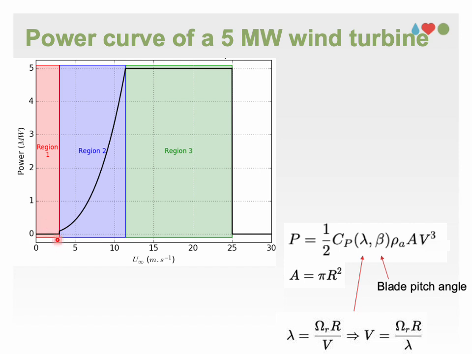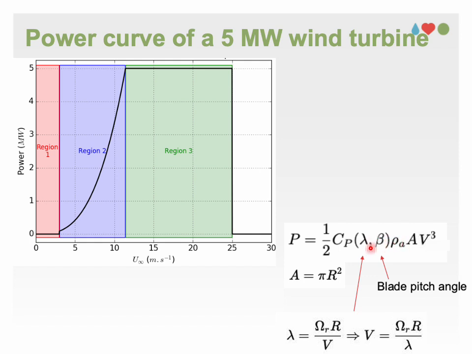Above cut-in wind speed and below a certain rated wind speed, coded by blue, we have power production proportional to wind speed cubed, estimated through this relation.